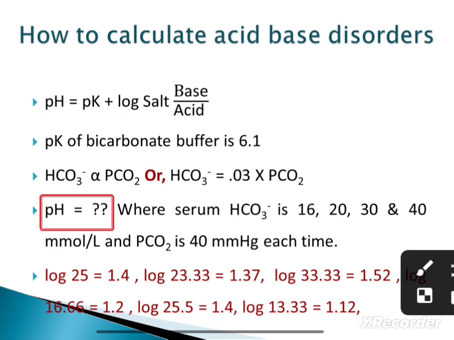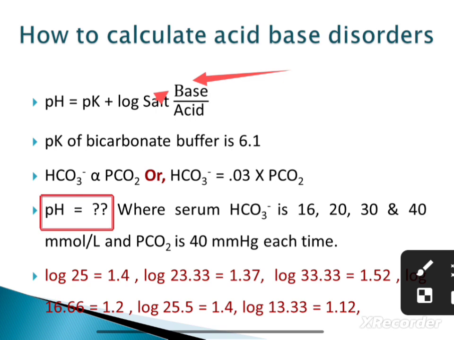So let's go. From the Henderson-Hasselbalch equation, we know pH equals pK plus log of salt by acid. Here the salt will be the base, salt or base by acid.